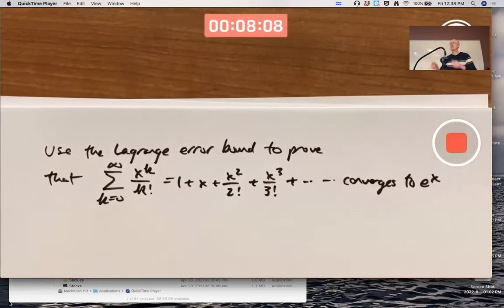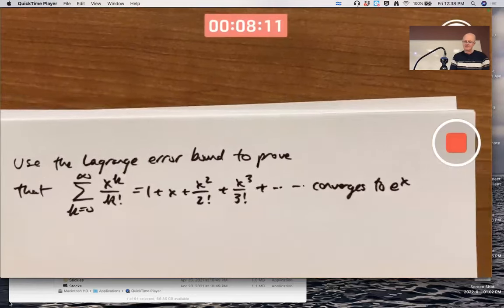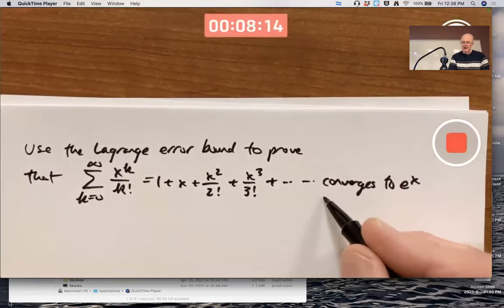Not just that it converges, but to e to the x for any real number x.